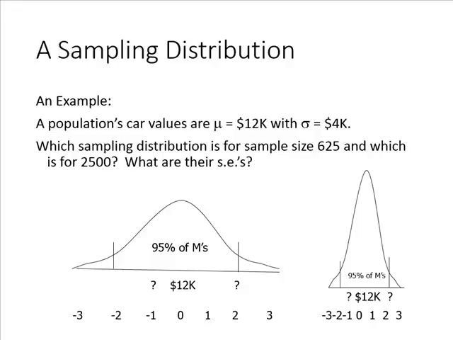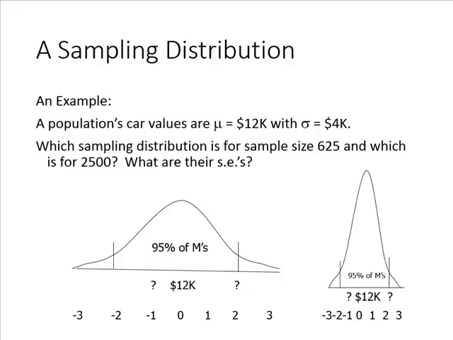Okay. So let's say we know the population values for a car price. The average value of a car is $12,000 with a standard deviation of 4,000. So most cars are worth between 8 and 16,000 for one standard deviation.